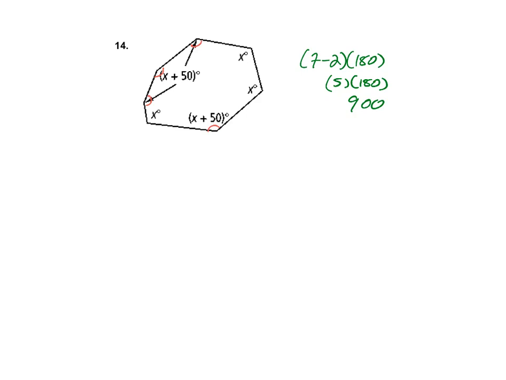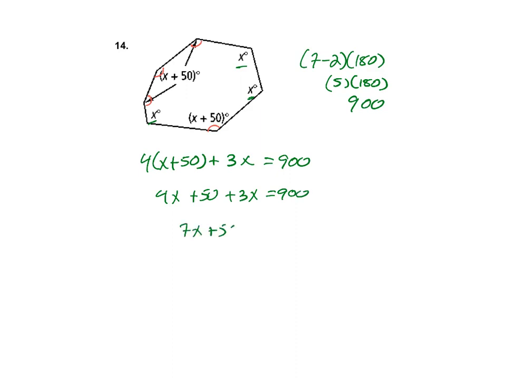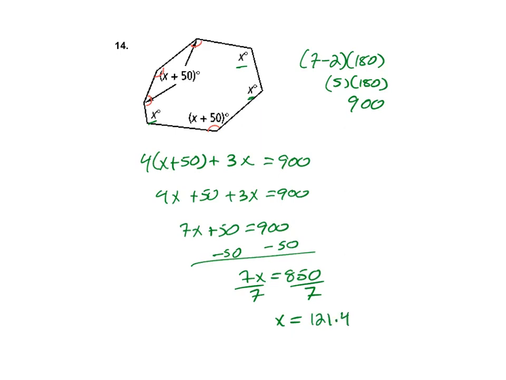So that is 4 times x plus 50, plus 3 times x, because I have 1, 2, and 3x. So 4x plus 50 plus 3x equals 900. So 7x plus 50 equals 900. Subtracting 50, 7x equals 850. Now I'm going to divide by 7. So x equals 121.43 degrees.